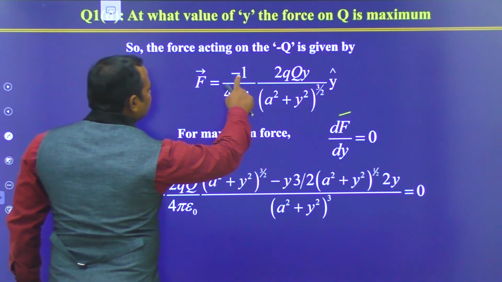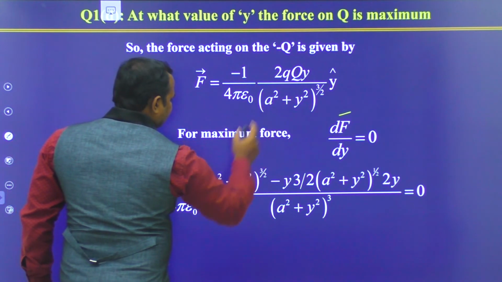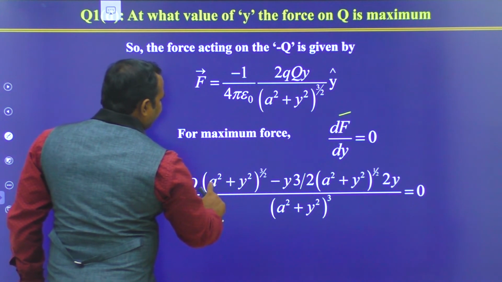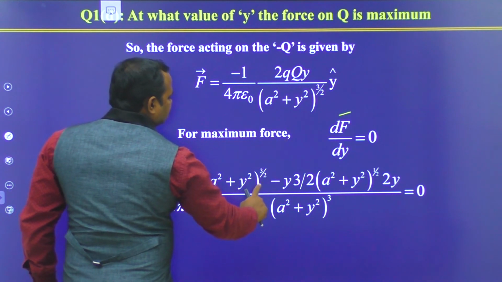So the constant is minus 2q cube by 4 pi epsilon naught. Now we are differentiating this one, v du. So a square plus y square whole power 3 by 2, dy of y gives you 1.